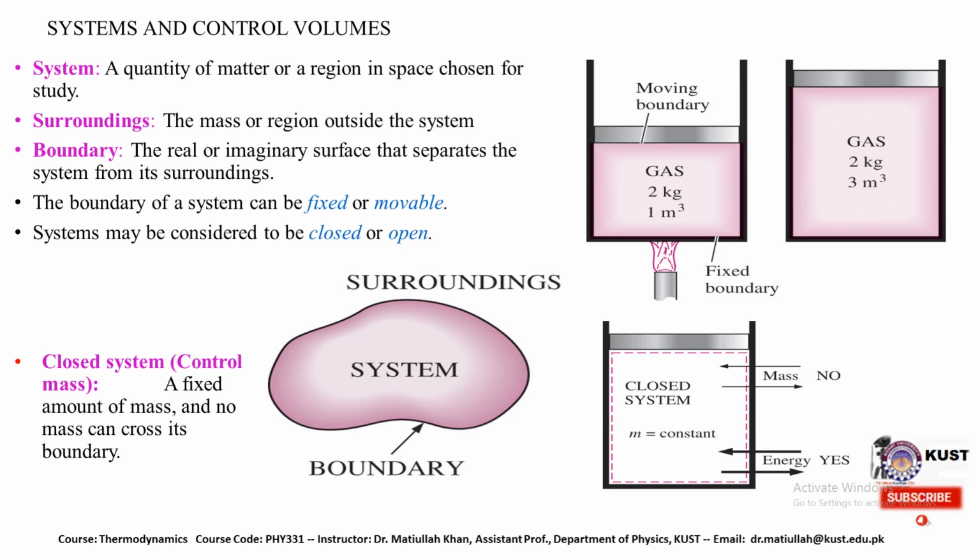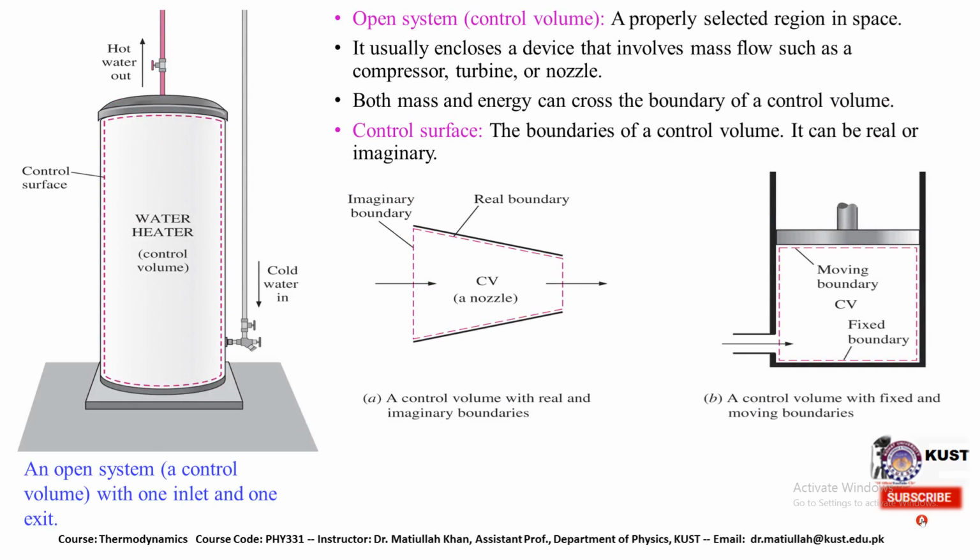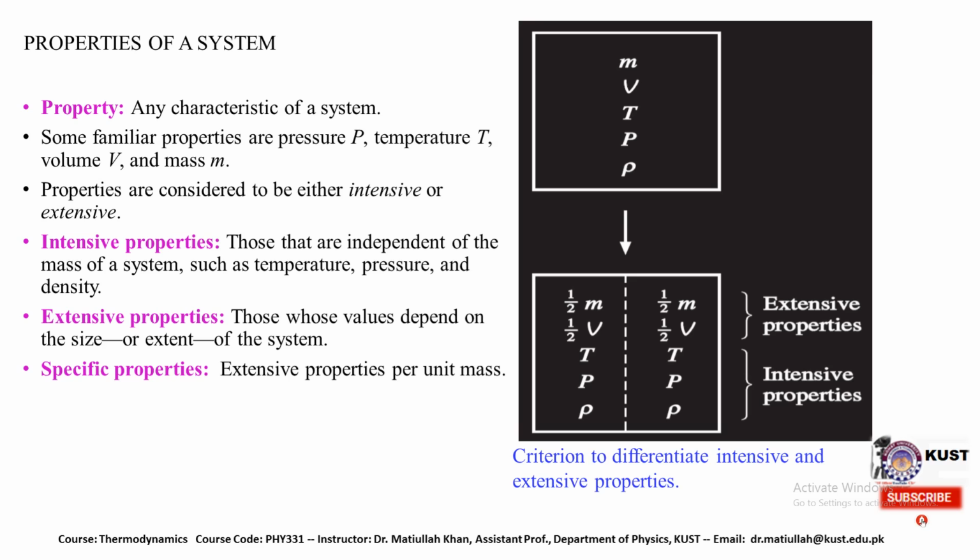We have closed systems or open systems depending on the configuration. In an open system, mass and energy can transfer between the system and surroundings, while in a closed system only energy can transfer. In an isolated system, neither mass nor energy can cross the boundary.